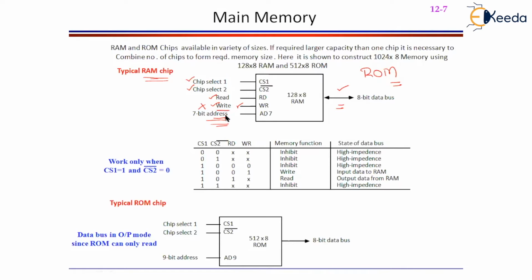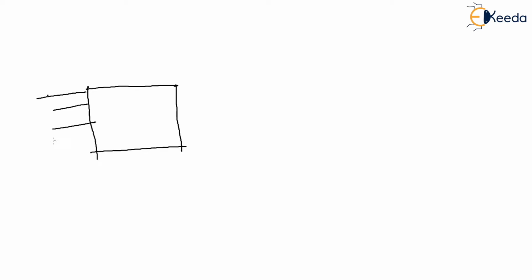Let me show you by taking a paintbrush. Here, let me draw a ROM. Let me draw a RAM. The RAM will have these many connections: chip selector 1, chip selector 2, read, write, address, data.